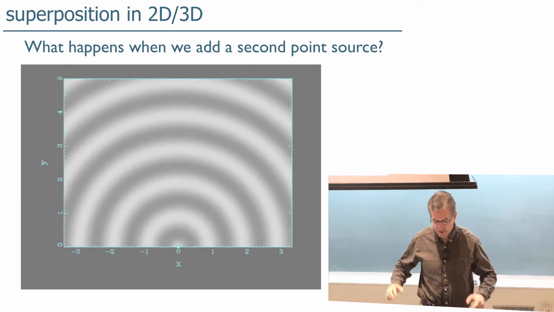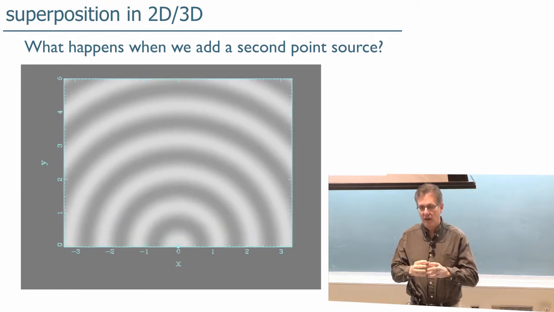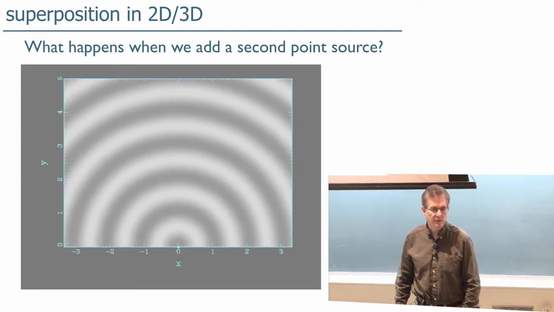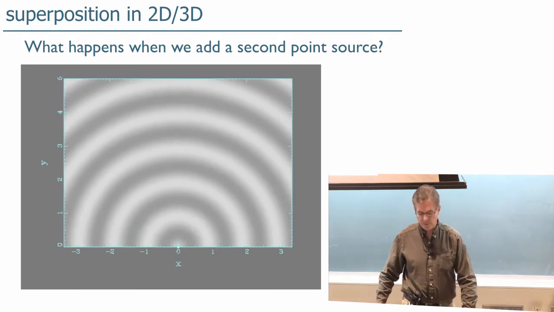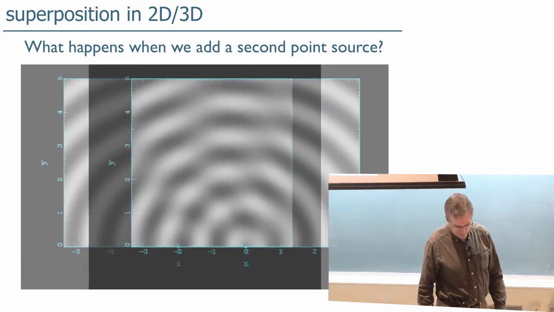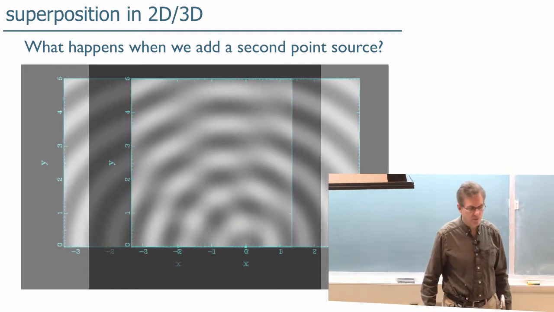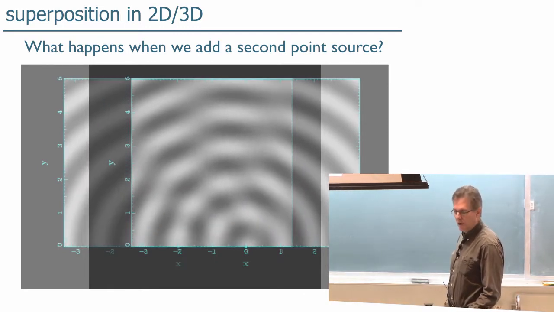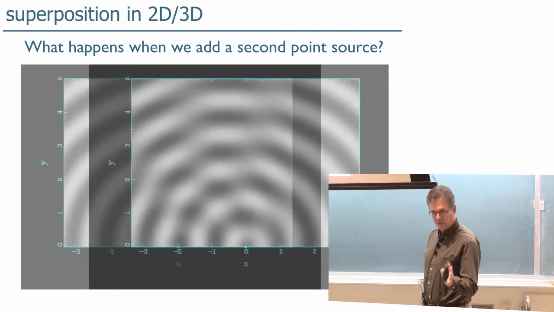Now, we had this nice graphical demonstration of a wave radiating out from a disturbance at x equals 0 and y equals 0 that we talked about last week. But what if we have a second one? You get a little bit of a jitter in the animation here. But if you look at it carefully, let it sort of wash over you, you will start to see some different looking patterns.